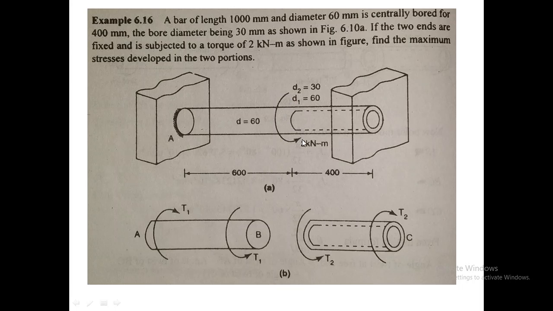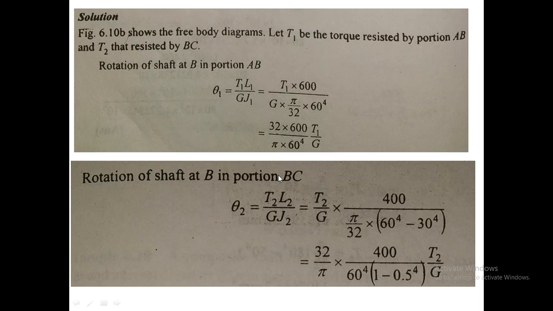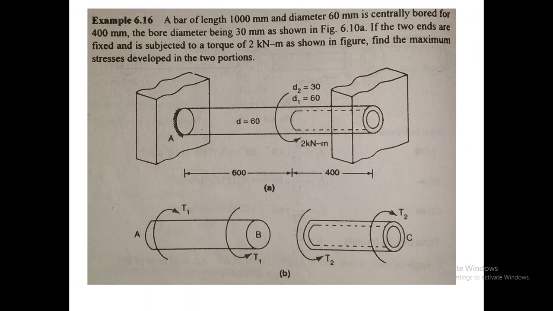Since the torque is applied at different points, we get different torques in these two shafts, because even though the metal is the same, it is a hollow and a solid shaft, so the torque developed will be different.